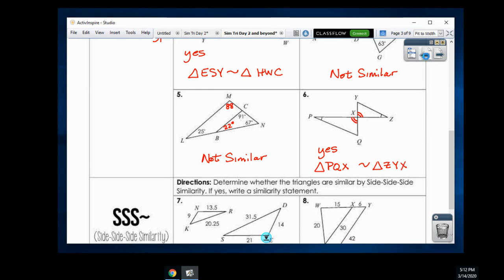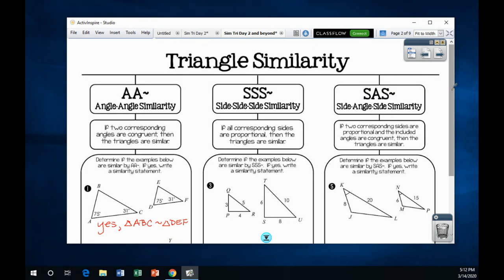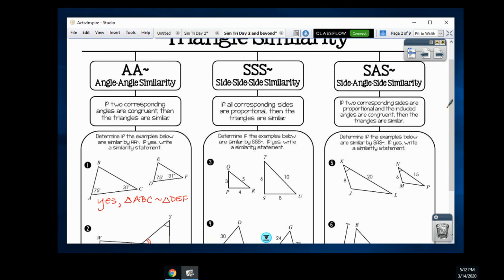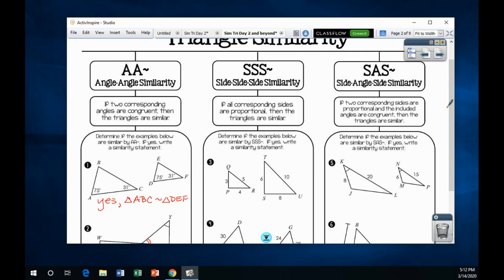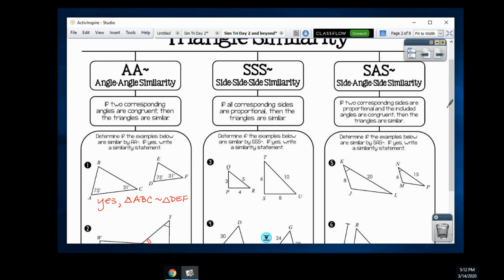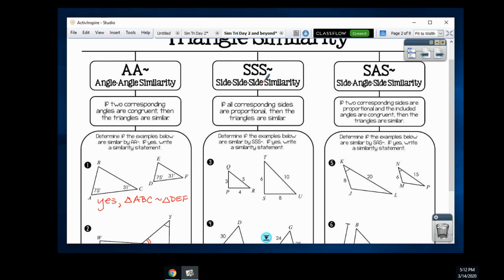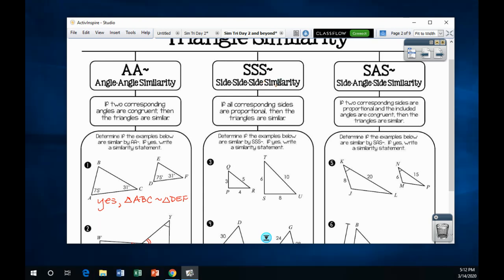All right, let's tackle one more method right here, side-side-side similarity. So side-side-side is not only a method of proving congruence, but notice these have a little similarity symbol so that you don't confuse side-side-side congruency with similarity. So this is side-side-side similarity.